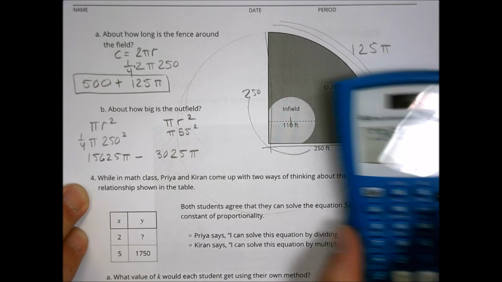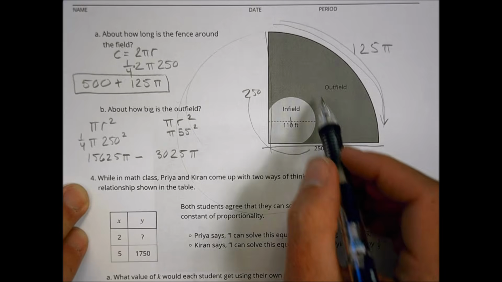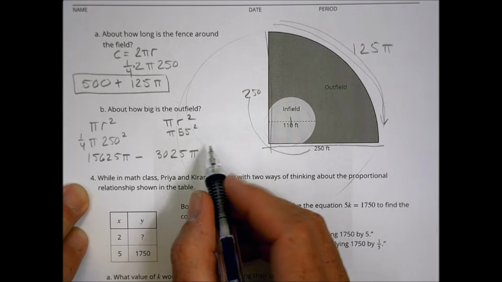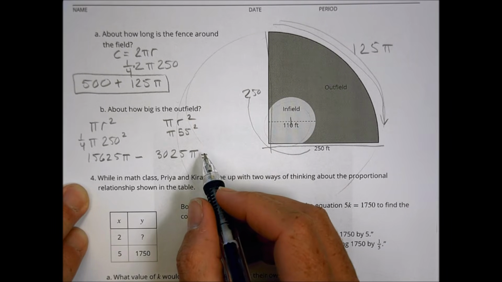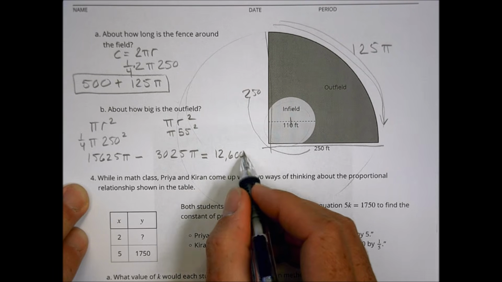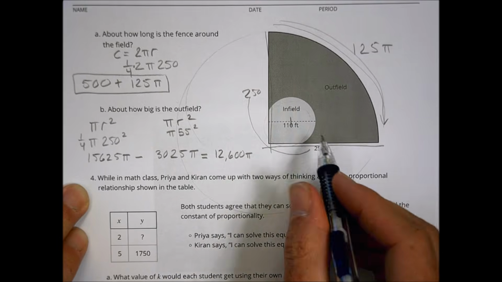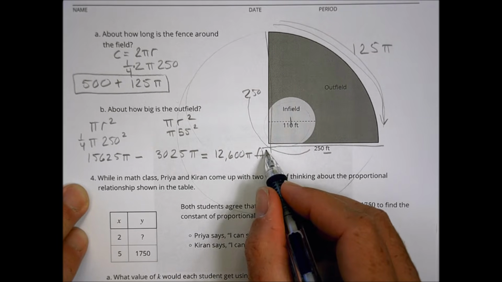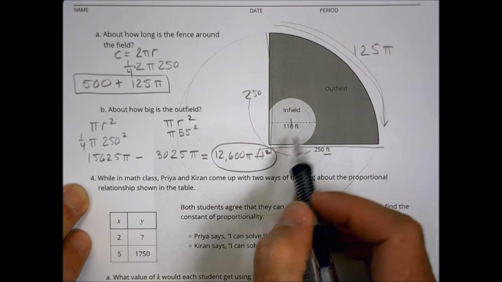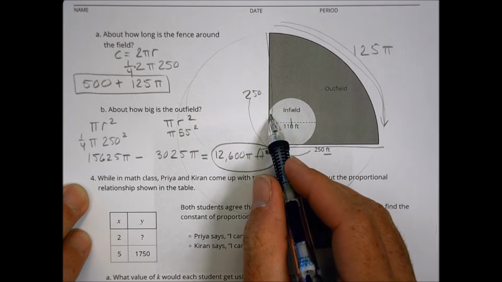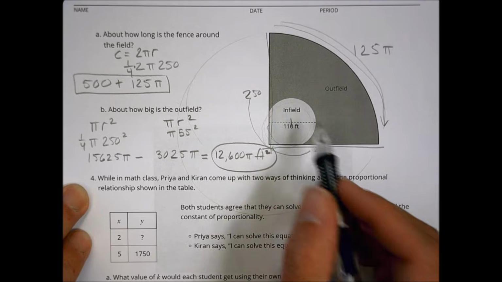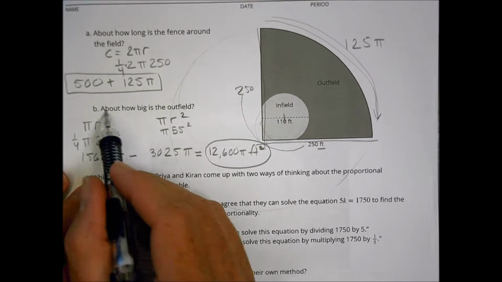So to find out the area of just the outfield, I'll take this big chunk and subtract the little chunk and end up with a new solution, which is going to be 12,600 pi, and these are all going to be feet squared because we're talking about area there. So I take the larger and I subtract from it the little bit. And this isn't perfect. This circle goes a little bit outside and inside, so it's not a perfect circle there, but it gets me pretty close for answering about how long something is.